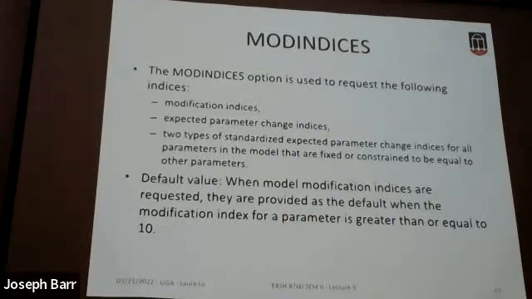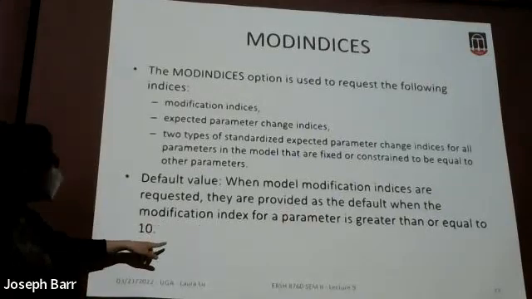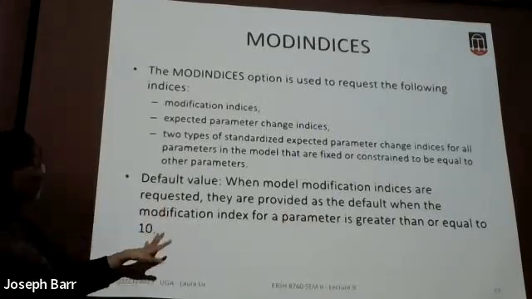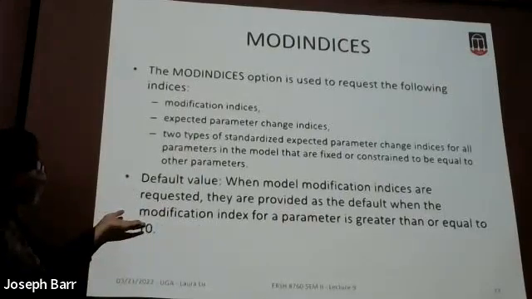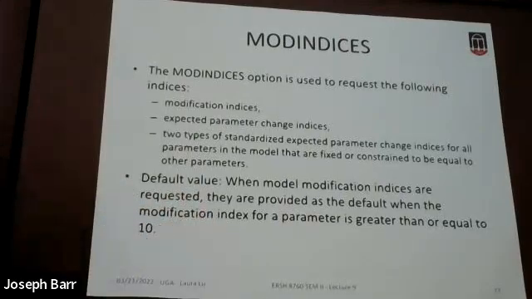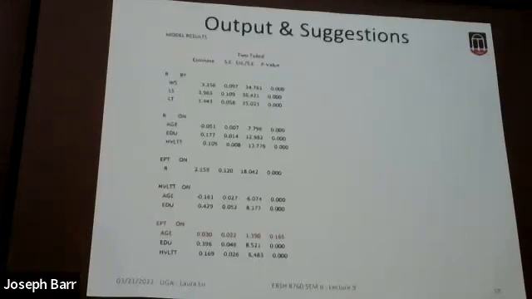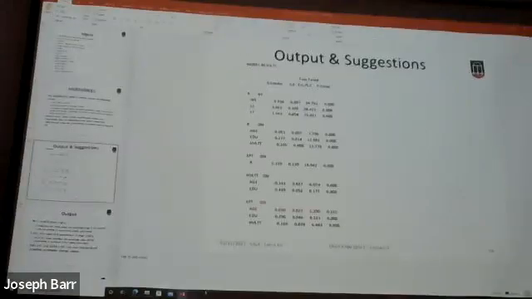If the model modification index is less than 10, then please ignore those suggestions. Just report the suggestions which will cause a large modification index, larger than 10. You can just change this number to 100, it doesn't matter, or 500. It depends on your detailed model. It's just a threshold.